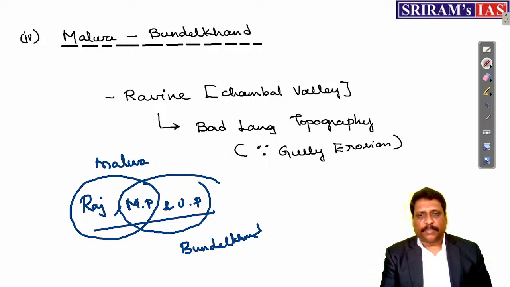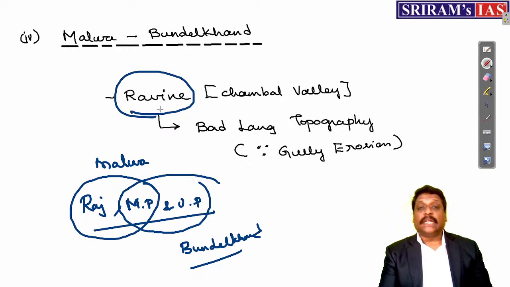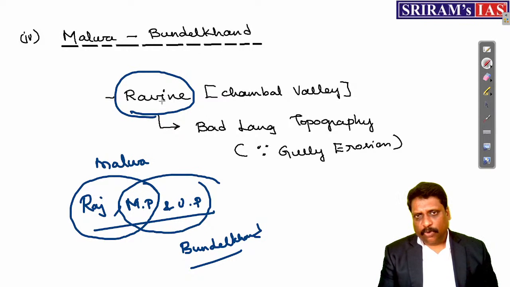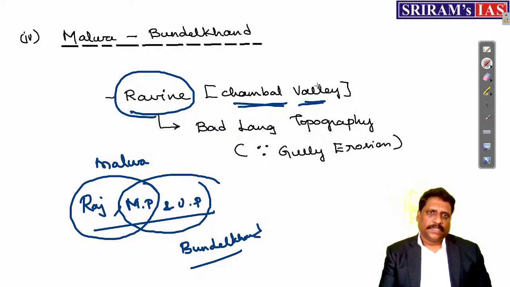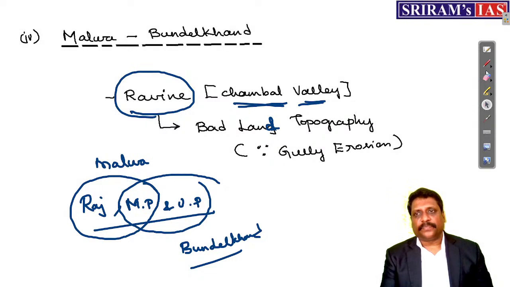Bundelkhand. And my dear friends, let me tell you, this region is known for ravines. Ravine is a bad land topography, where you will not have a flat land, right? Finest example, Chambal ravines, Chambal Valley. You call them as what? Bad land topography. Here I have written it as bad land. It is bad land topography, right?